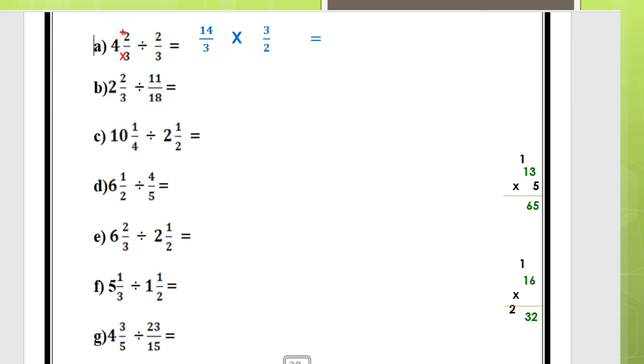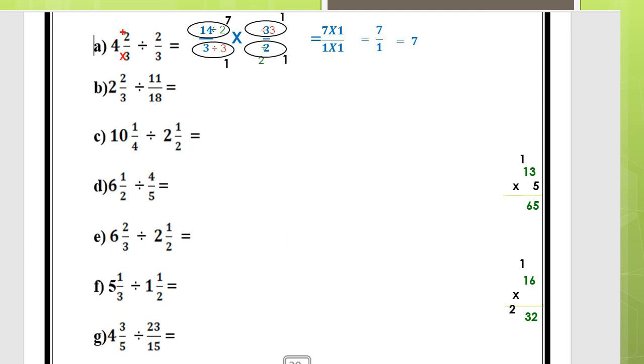Okay, I'm going to cross away the 3 and the 3. And 14 and 2 are together in table 2. So 14 divided by 2, which is 7. 2 divided by 2, which is 1. So what's left? 7 times 1/1 times 1. So my final answer is 7.